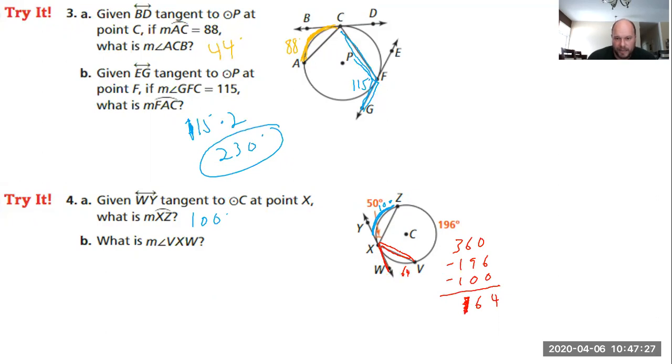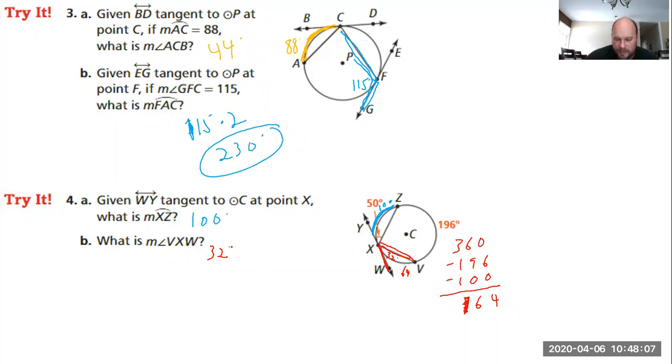Well, if that's 64, then this angle is going to be half of that, which would be 32. Let's double check that. 360 minus 100 minus 196. No, that's 64. We're good. Half of 64 is 32.